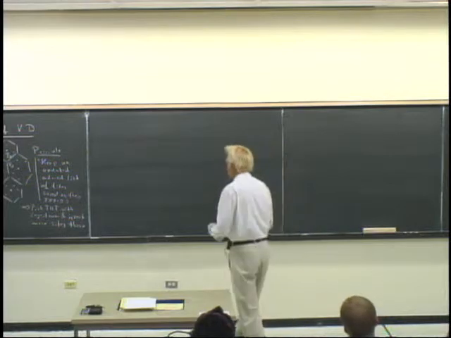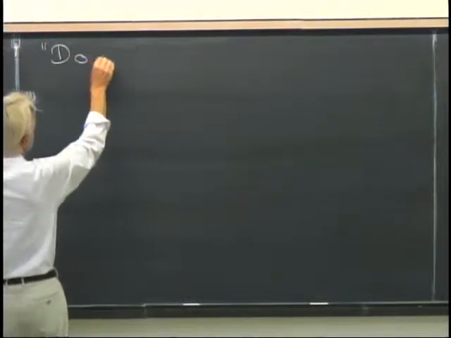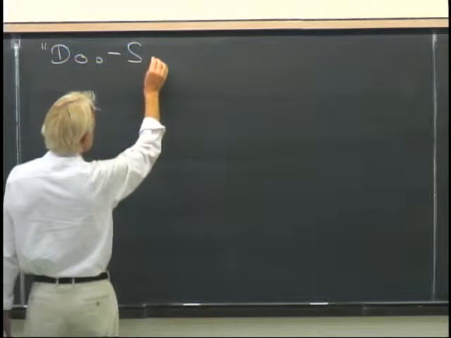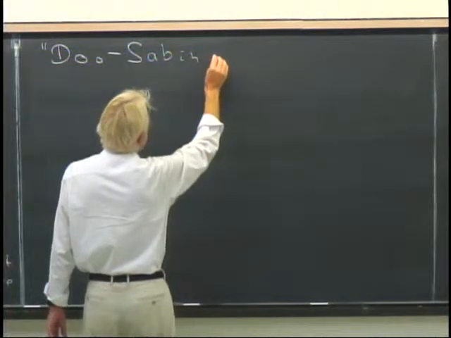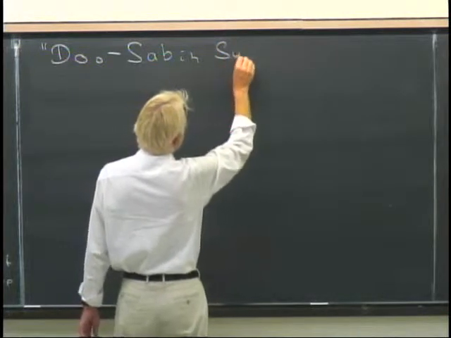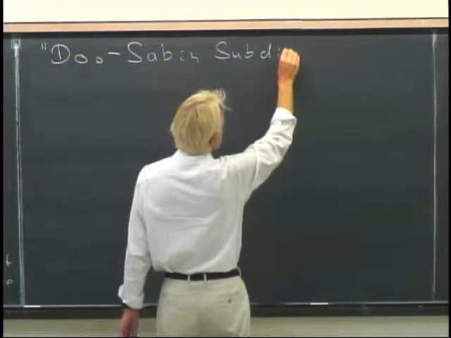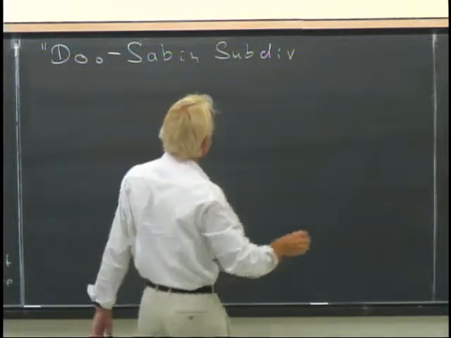So I just want to get your appetite started on this a little bit. This is just for fun, the Doo-Sabin. And the Sabin guy is again Malcolm Sabin. Doo-Sabin subdivision. This word subdivision has many synonyms actually as well.